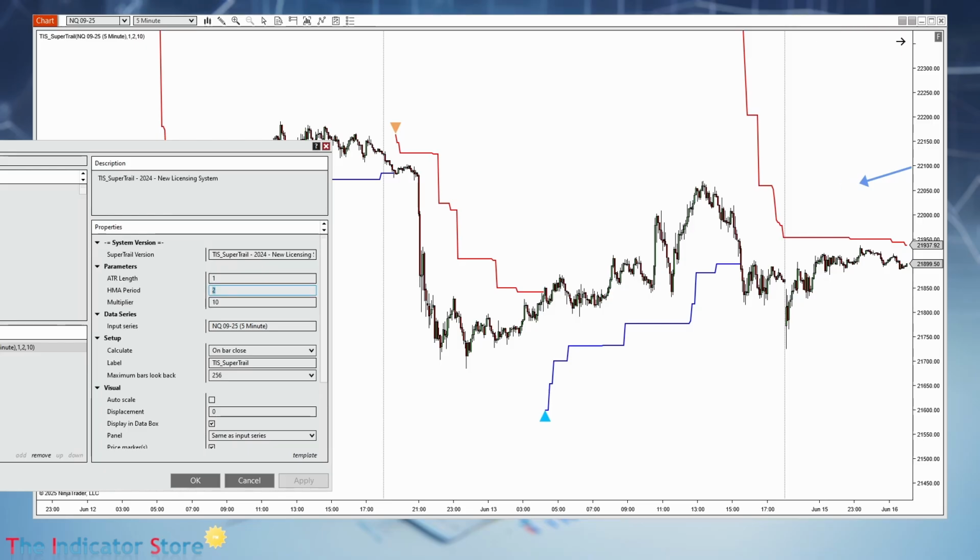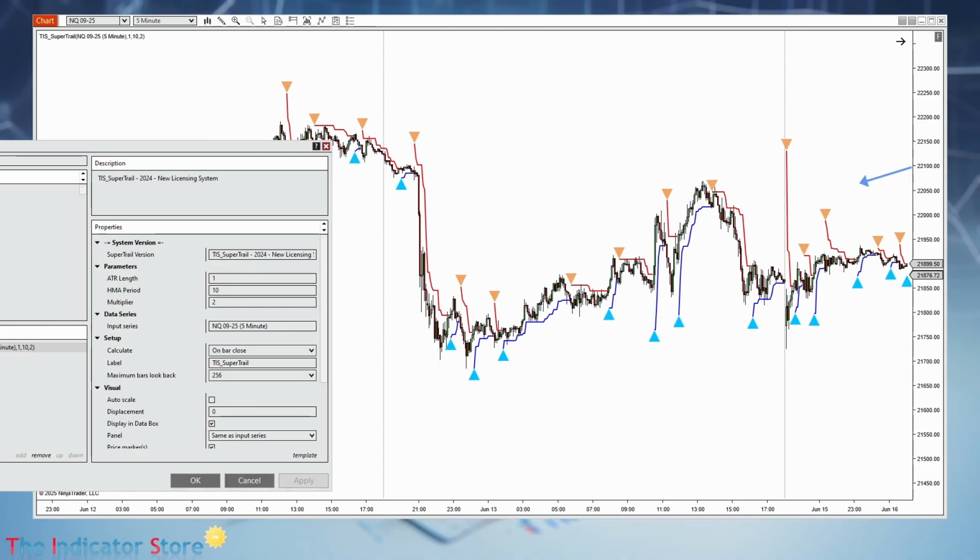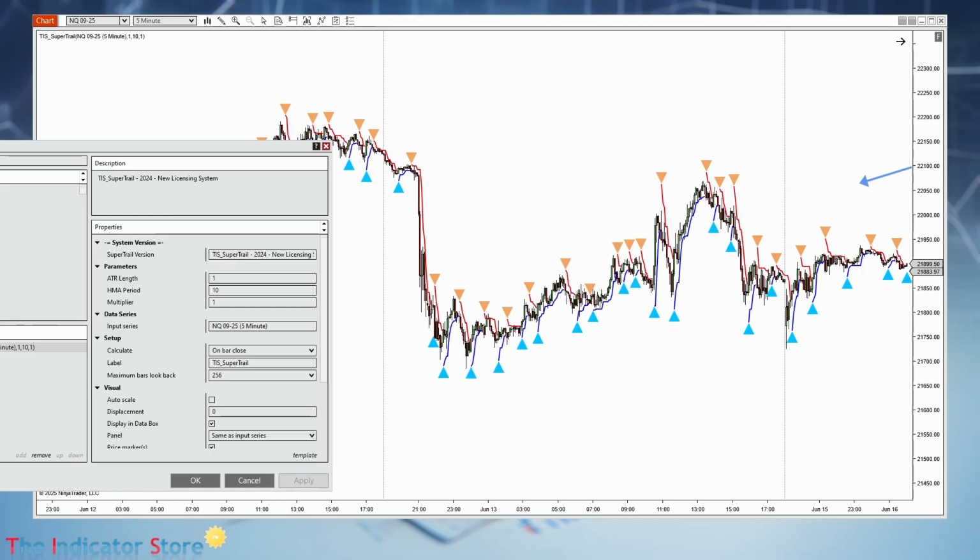And then we multiply that by the multiplier. If we multiply this by 5, now we can see that the lines are closer to the price action. The smaller the multiplier, the closer to the price action, and so we have more trend changes and more signals.